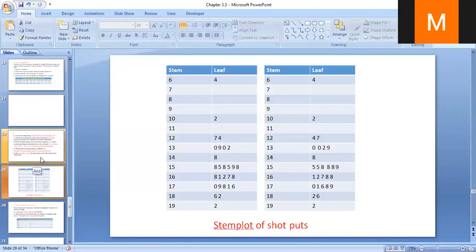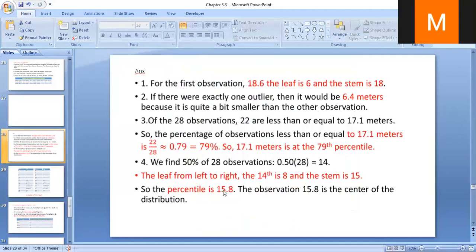Then the 50th percentile is 15.8. The observation 15.8 is the center of the distribution. Remember, 50th percentile means the center of the distribution. When you find the 50th percentile, that means you find the center of the distribution.